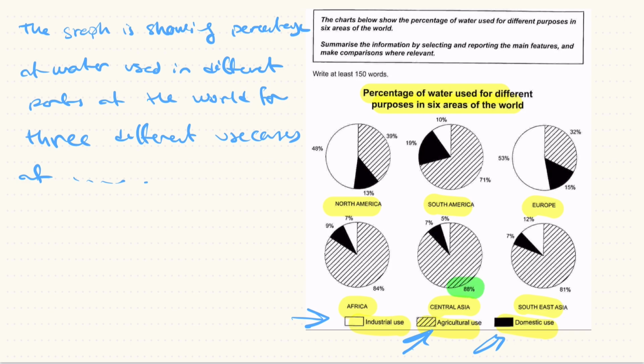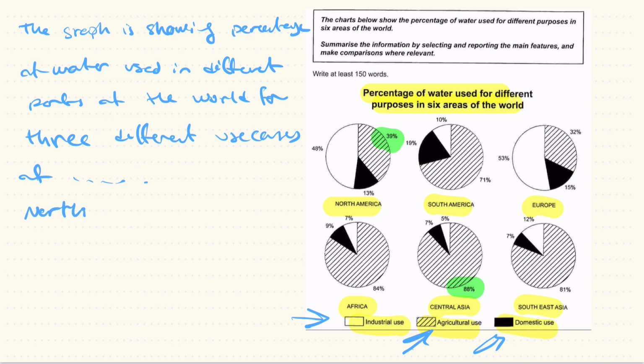So the agricultural use in Central Asia was the highest, 88%, and the lowest one, I think, what is it? Is it North America with this one, with 39%. So let's write that one out, and that's good for the agricultural use. So you can say, or let's start with North America.